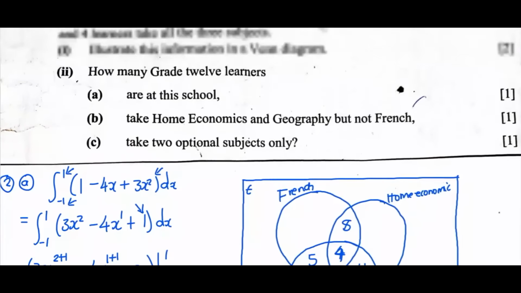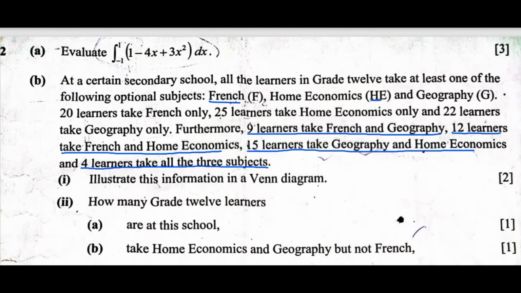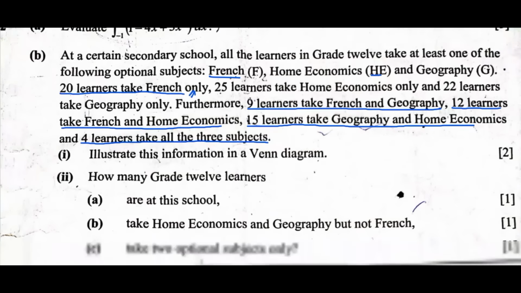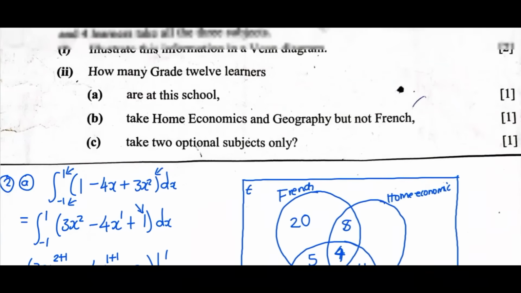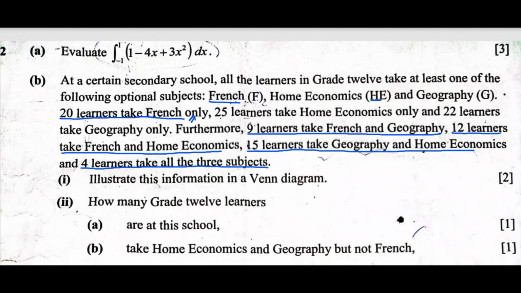Now let's go back to the numbers on top. So the first number here, we have 20 learners take French only. Now whenever we have this only, please do not subtract the numbers that are in French. So that 20 will just be written like that. We are not going to do any subtraction because we know that there is this condition of only. Then 25 learners take home economics.